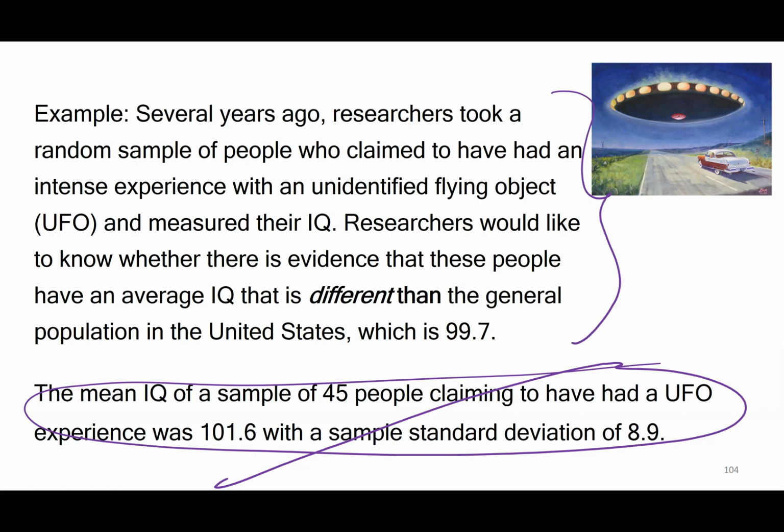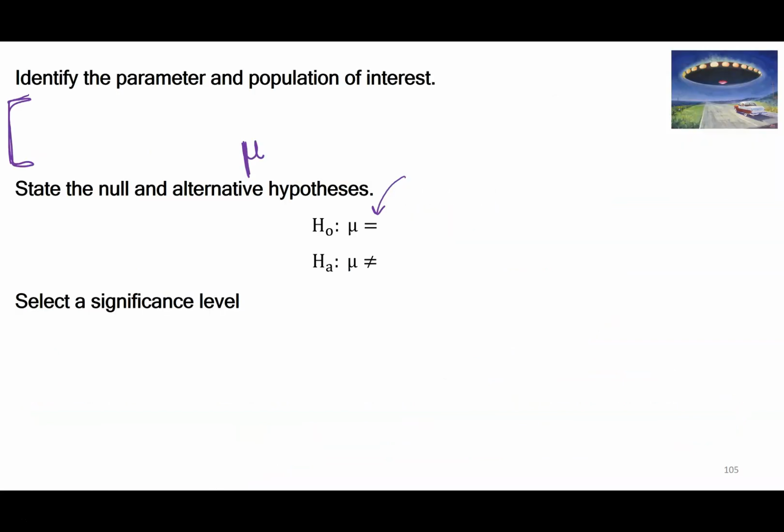It has to come from here. It has to come from outside the sample. It's going to be this 99.7, because we want to compare to this 99.7 of all the folks. And it's going to be 99.7 in both. So we want to know if it was different, right? We didn't say, oh, we think the average IQ of people with intense UFO experiences is higher or lower. No, it's just we want to know if it's different.